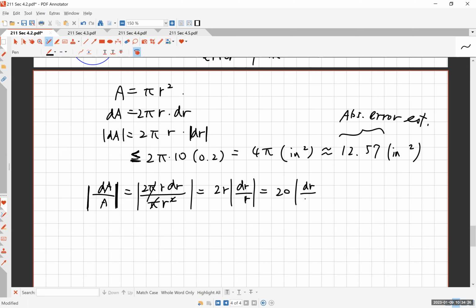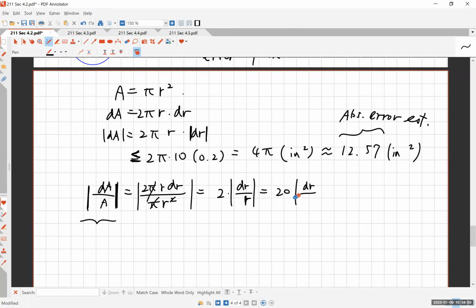Sorry, that's not quite right. There's no r in here, it's 2 over r. What this is saying then is that the relative difference of the area is actually twice as much as the relative percentage error on the measurement r.